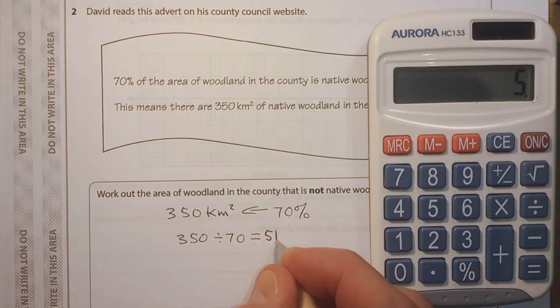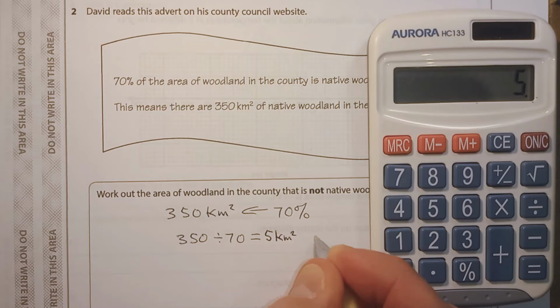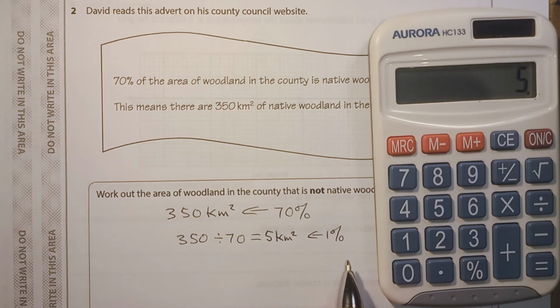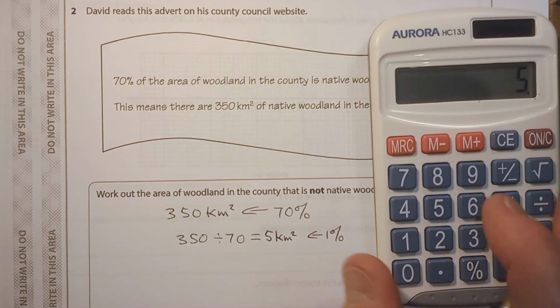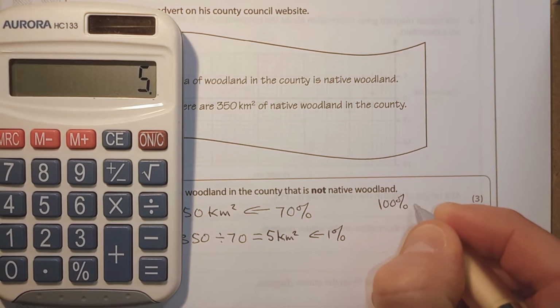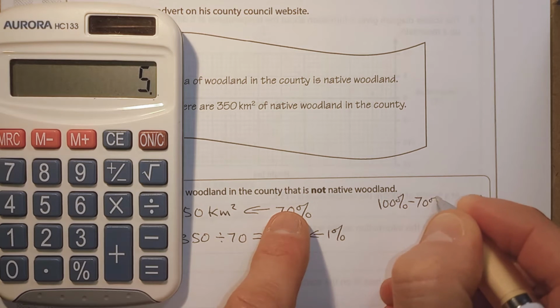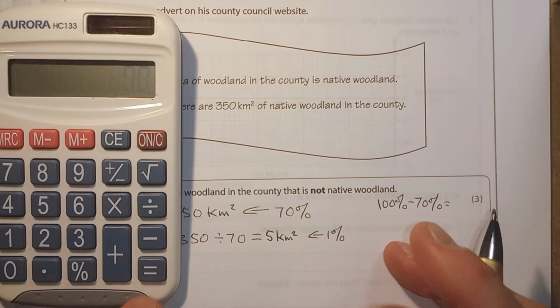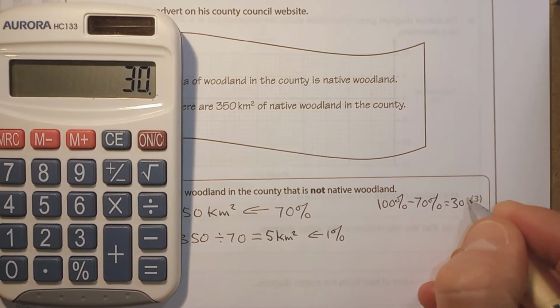So 5 kilometres squared relates to 1%. We want 30% because what we're saying basically, well, you start with 100%. If you take off 70%, then you're left with 30%.